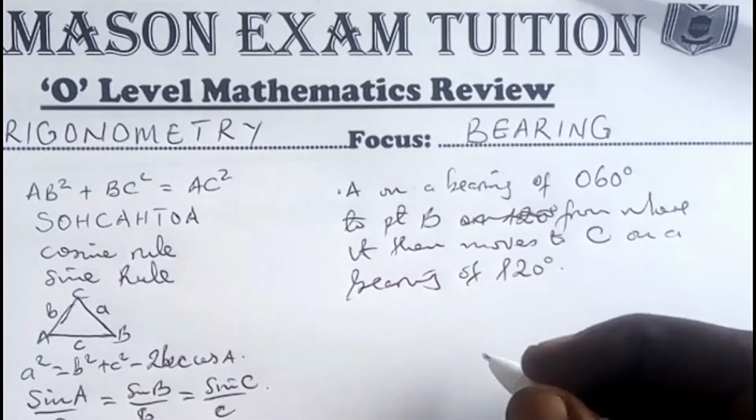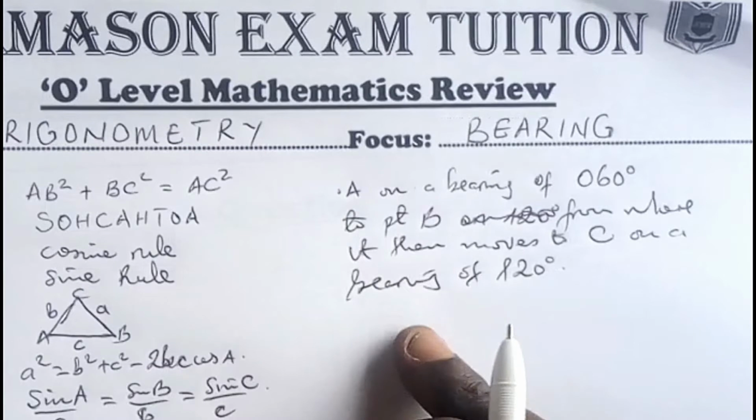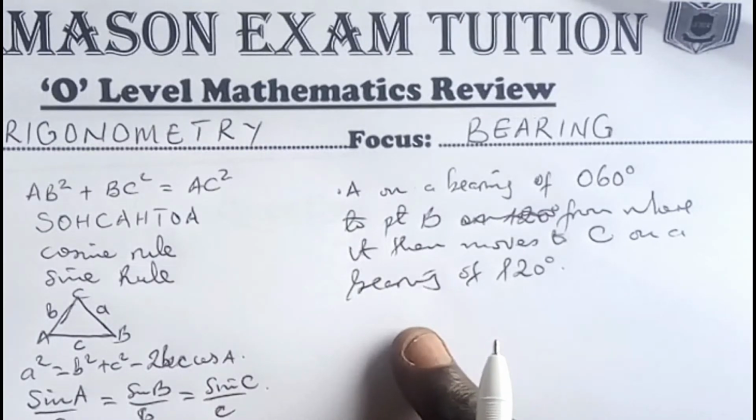And you can be required to do some calculations. The first thing is to draw the appropriate diagram, and you note how I'm going to interpret this diagram, because the diagram usually is where people have problems solving.